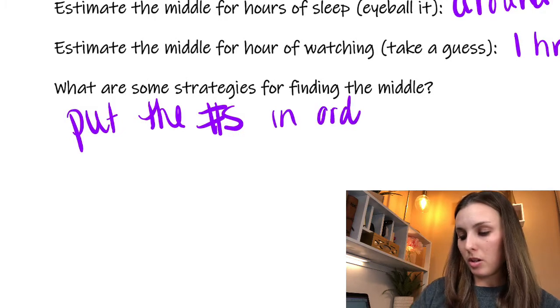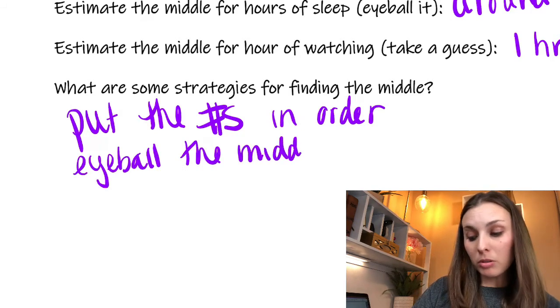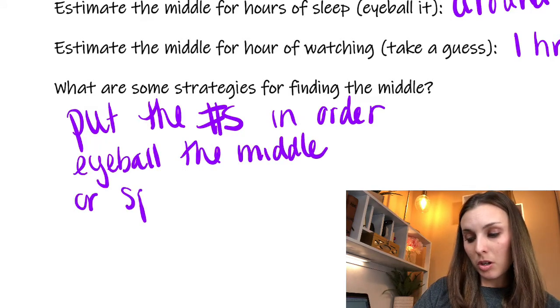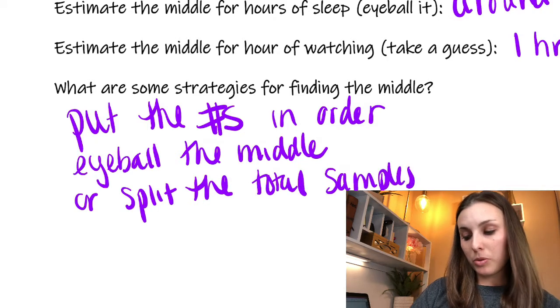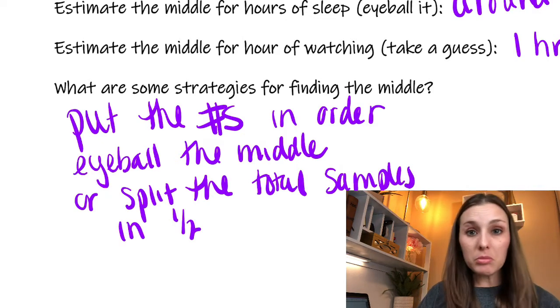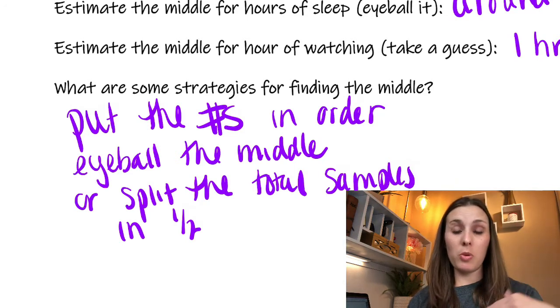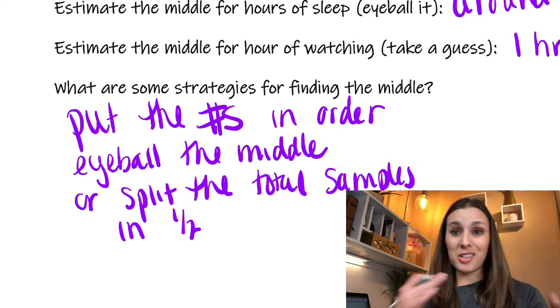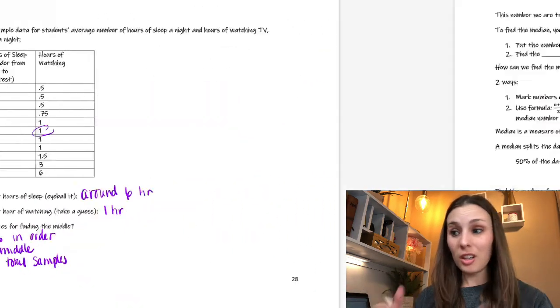Then eyeball the middle, or split the total number of samples in half. That would be a good way. And there might be some other ways that you were thinking about as you watch this video, and as long as it helps you find the middle, if you got somewhere around where I got, then you're good.